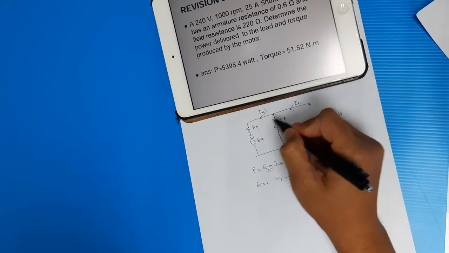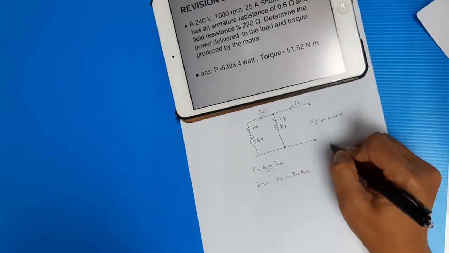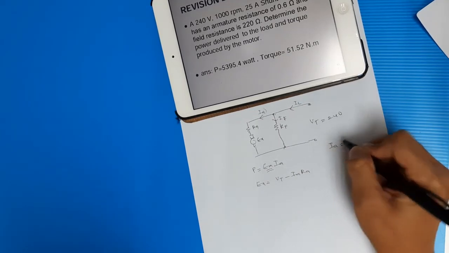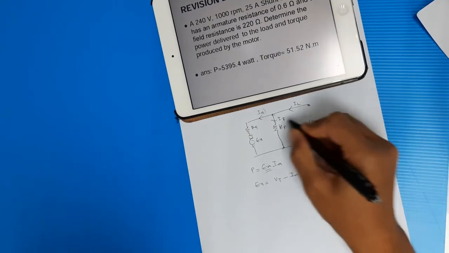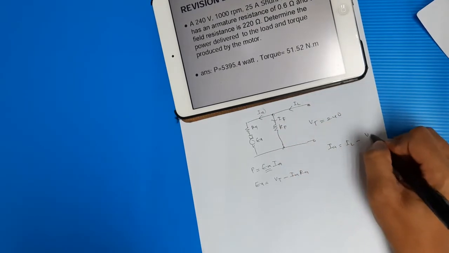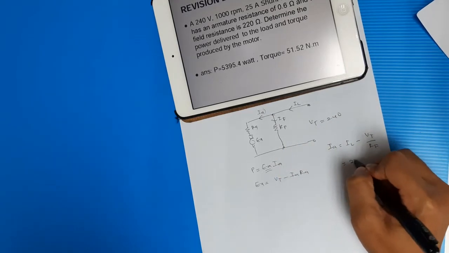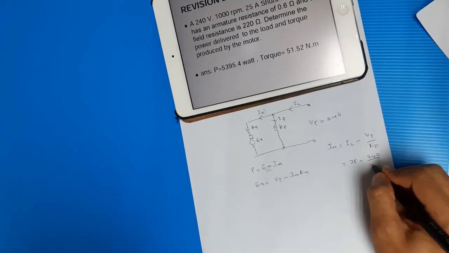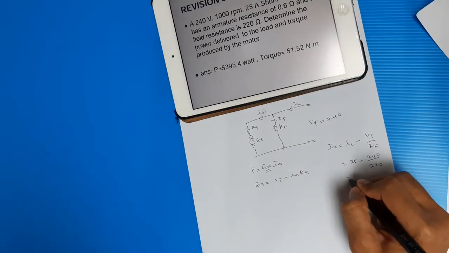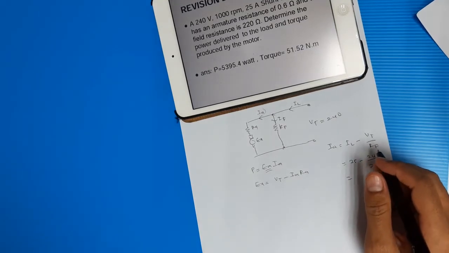IL minus IF, and then we can get IA. So IA equals IL minus VT divided by RF. So IL is 25 minus 240 divided by RF, which is 220. Okay, so you can calculate the answer.